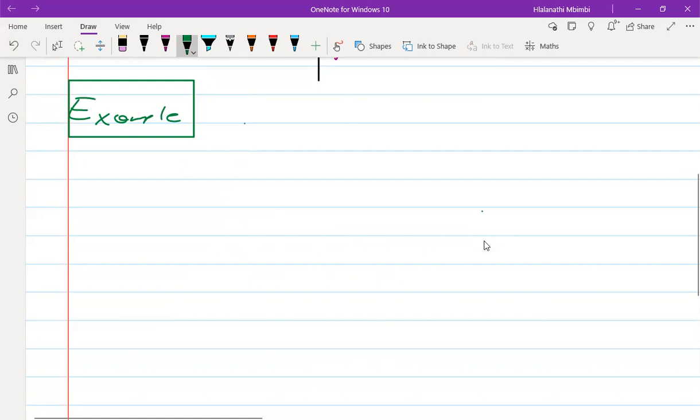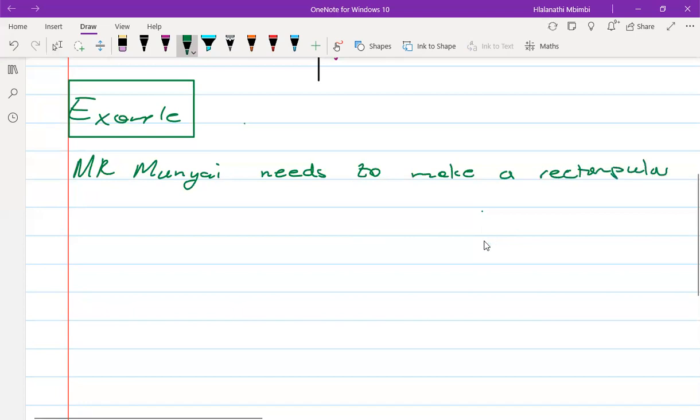The example is that we have Mr. Munyai. Mr. Munyai needs to make a rectangular camp with a maximum area, using 250 meters of fencing.